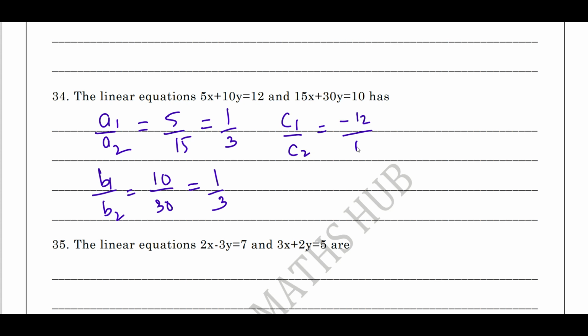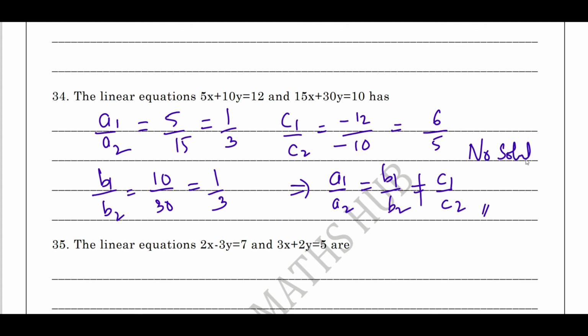Minus 12 by minus 10, we get 6 by 5. Here we can see that a1 by a2 equals b1 by b2, but not equal to c1 by c2. That means the lines are parallel. That means it has no solution.